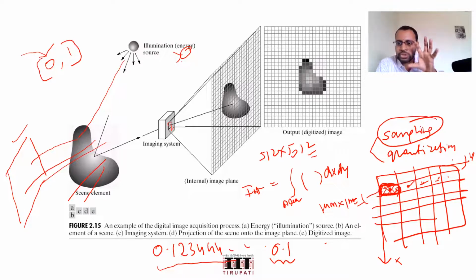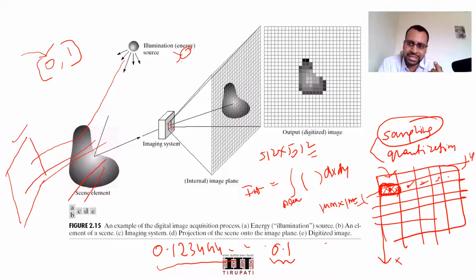But the moment I want to store it as an image, I need to store the intensity value of each cell of this array in a computer. You have int, you have unsigned character, you have a float, you have a double. This is how you store it. Suppose in a 32-bit machine, float is 32-bit, double is 64-bit, unsigned character is 8-bit.